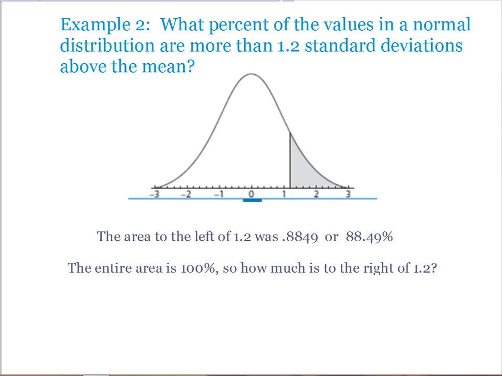So when I need to find the data to the right of a standard deviation, I need to take what's in my z-score table and subtract it from 100. The percent of data that's to the right of 1.2 standard deviations is 11.51%. This is the answer I'm looking for.